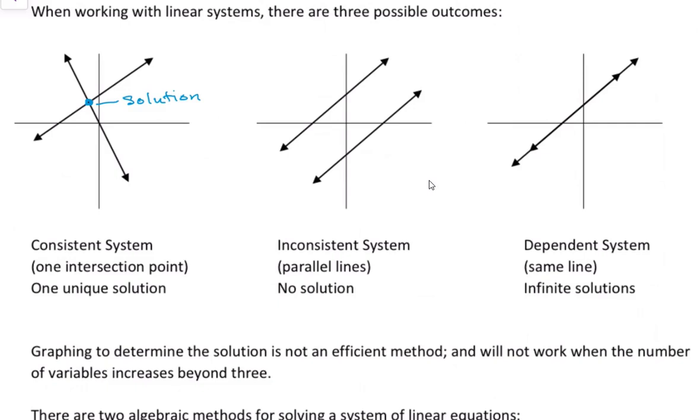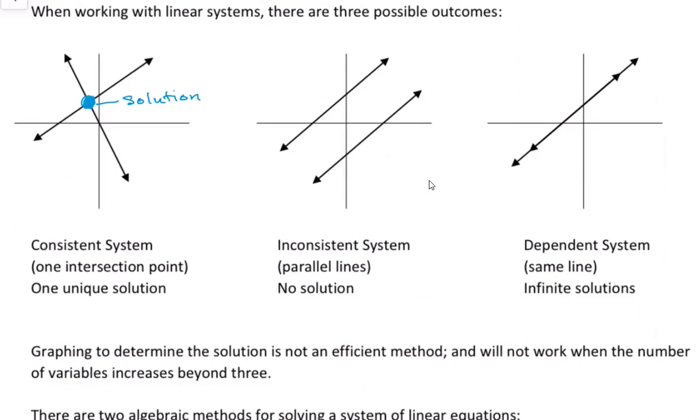Now, graphing isn't the best way to solve a system of equations because even in this first case here where I've got one unique solution, identifying the value of that ordered pair isn't always easy.